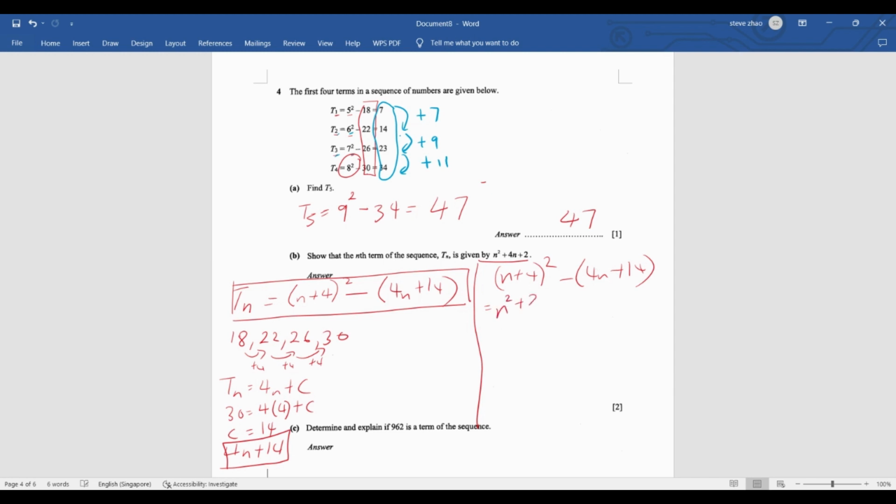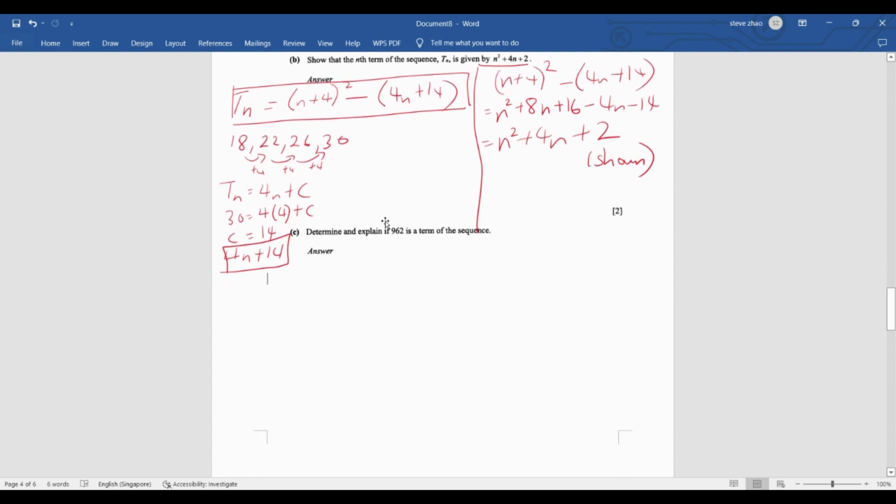So n square plus 8n plus 16 minus 4n minus 14. Okay, n square still stays. 8n minus 4n, so it's plus 4n. Plus 16 minus 14, so plus 2. Okay, I have exactly what they want. Oh, and they want us to show, so I just bracket here. Shown.